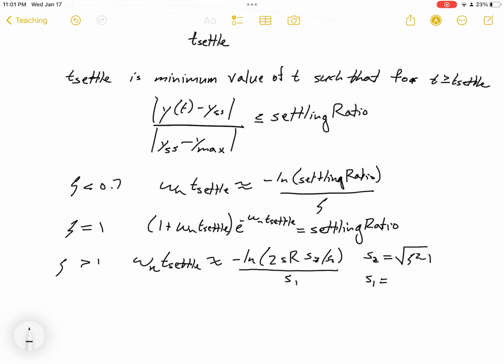S1 is equal to zeta minus sz, and S2 is equal to zeta plus sz.